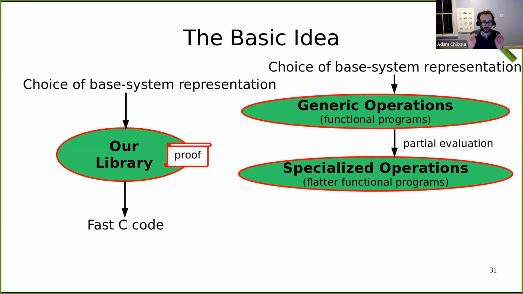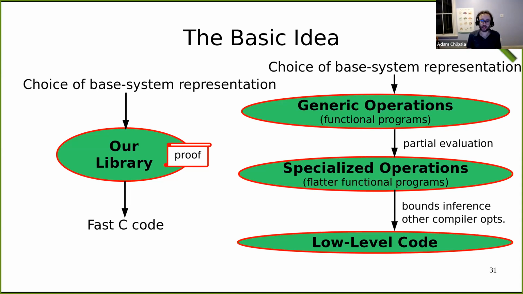Then when particular parameters are confirmed, we apply a classic compiler technique called partial evaluation to specialize the code to those parameters. And the result is flatter functional programs that look more like C code. And they're flat enough that we can apply additional compiler ideas to turn them into literal C code in a proved correct way.